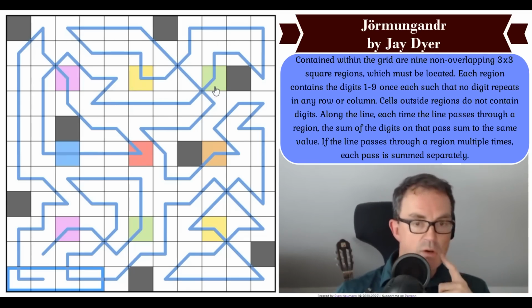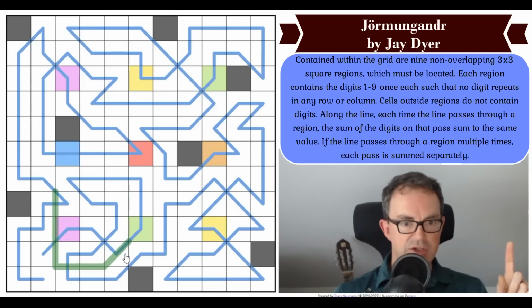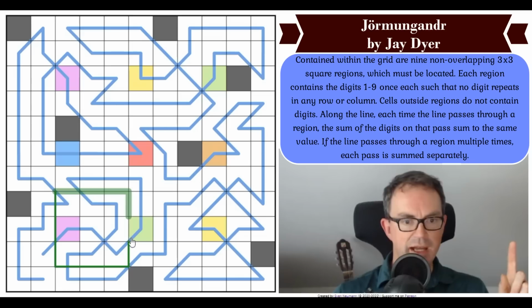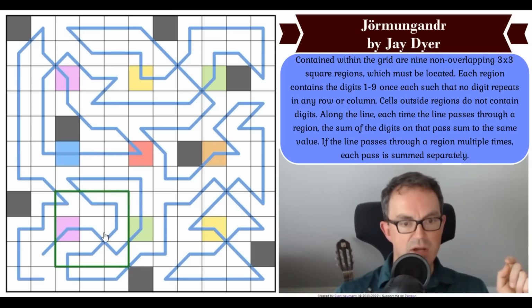So I'm going to allege now that there is a 3x3. I don't know where it is, but let's say it's here. Let's just draw one in. Oh, Sven's adapted the software so we can draw diagonal lines now. Right, so let's imagine this is a real 3x3 box in this puzzle.